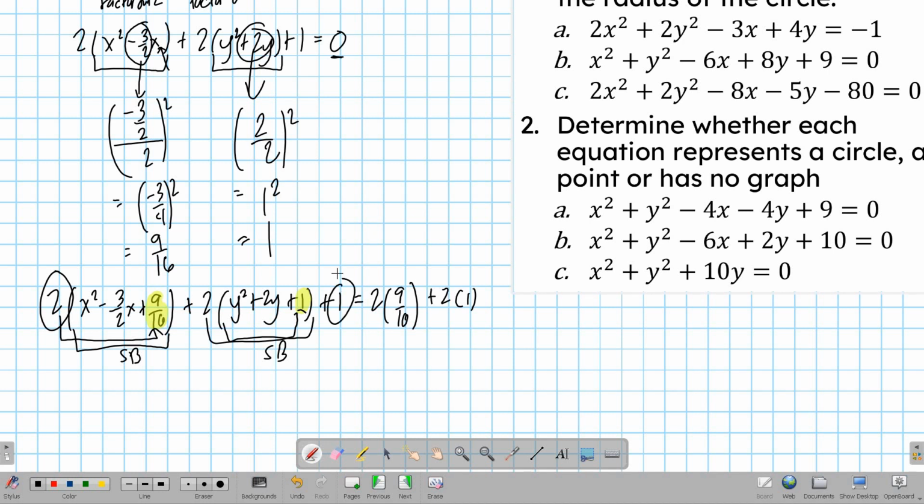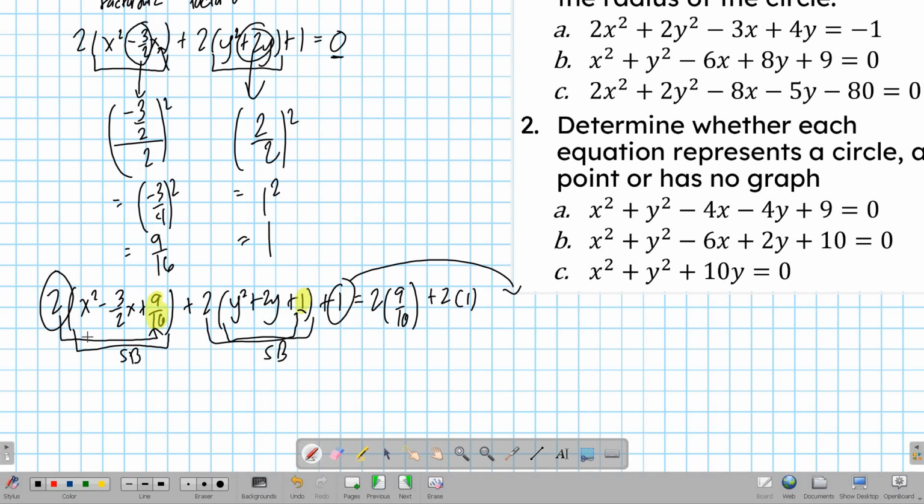Ito naman, nilagay natin yan dito sa kabilang side para makita natin na in general form yan. Kailangan siya i-transpose pabalik kasi ang itsura ng ating center radius form ay x minus h squared plus y minus k squared. Walang kahit anong single term nakatabi yung h squared and y squared.